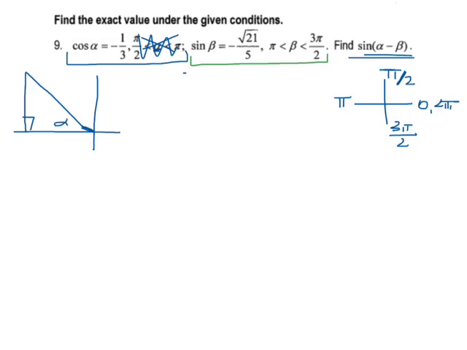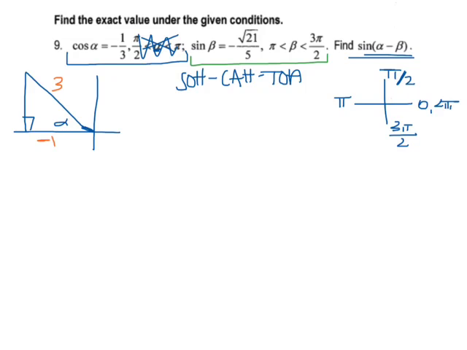We're just using basic trig, SOHCAHTOA. So the adjacent side from alpha is negative 1, and the hypotenuse is 3.